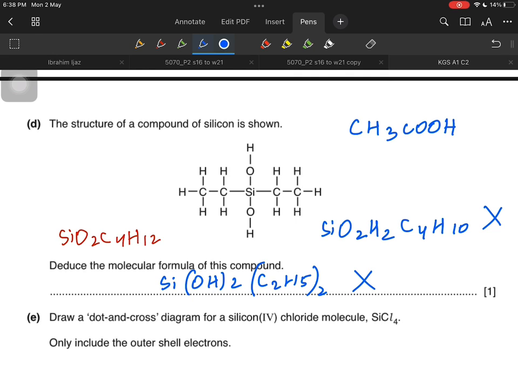If I'm writing the molecular formula, that's wrong. You need to write the molecular formula like this, C2H4O2. This is the molecular formula. I'm not saying that you can't write it in an equation. But when the question asks for the molecular formula, this is how you should write it, C2H4O2. You don't break the C's, you don't break the O's. Make sure you keep that in mind.